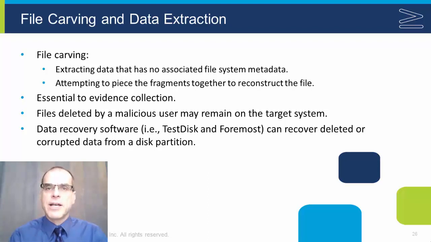Now, these types of file fragments that are no longer associated with the file system, that have no actual metadata associated with them, can be located through a process called file carving. With file carving, we have a program that will scan the surface of the disk image, looking for specific sequences of bytes that represent the file headers that identify certain types of files.